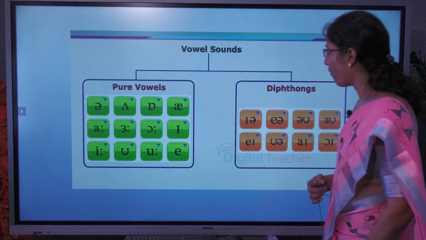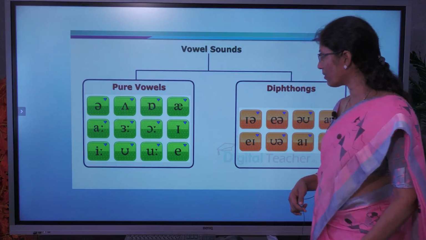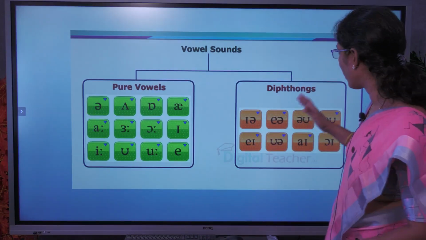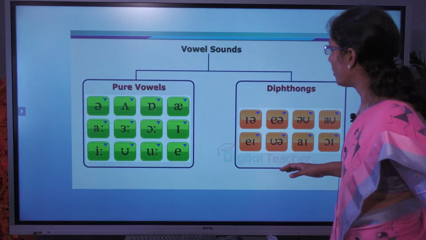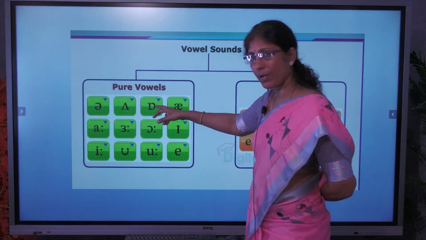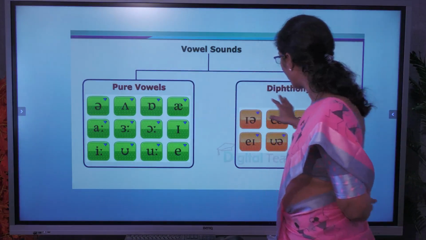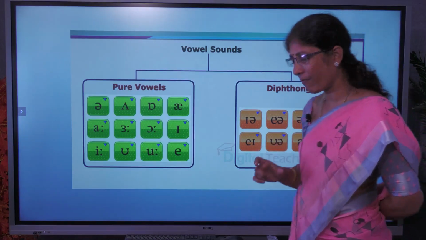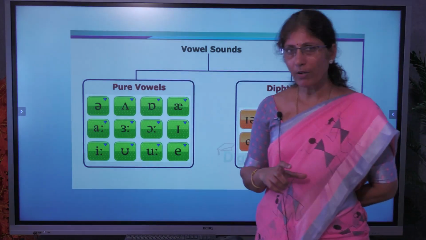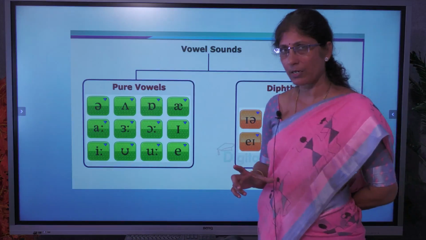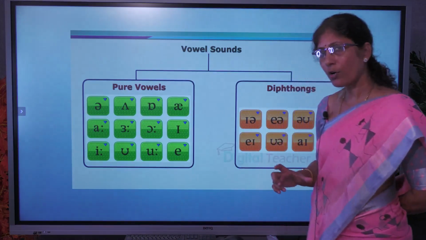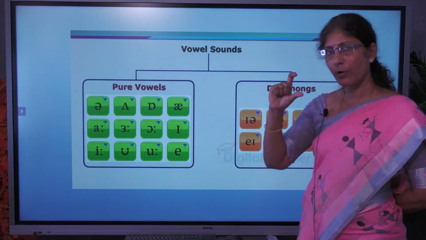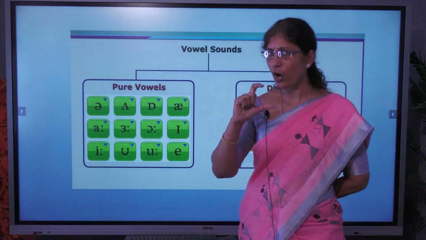This is just a general picture. See what the pure vowels are and what the diphthongs are. Already we have seen that pure vowels are 12 and diphthongs are 8. These pure vowels are divided into short vowels and long vowels. Short vowel means the duration of the airflow is short.